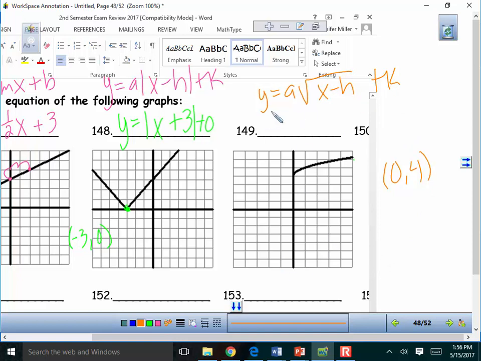So the equation would be y is equal to the square root of x minus 0 plus 4. But you don't have to have the minus 0 because minus 0 doesn't change anything. Does that make sense? So you would just do y equals square root of x plus 4. Yes. That would work. Okay?